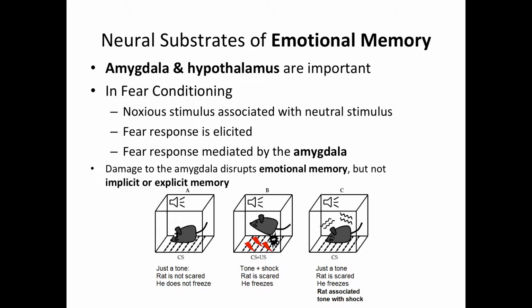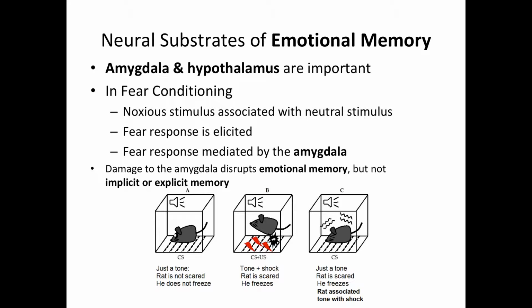For example, a rat is placed in a box that has a metal grid floor, and through this metal floor, we can give it a mild shock. It's very mild, but kind of unpleasant. When the tone is presented together with the shock, eventually the rat will associate the tone with the shock.